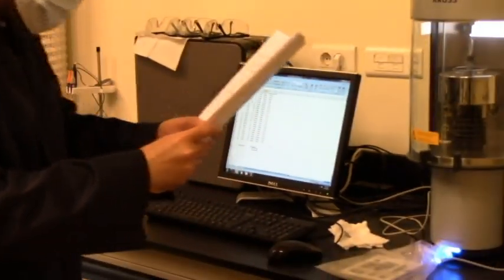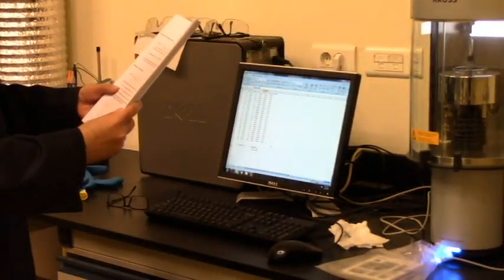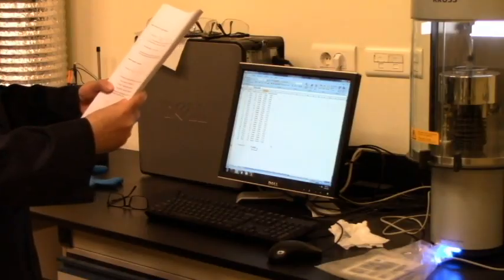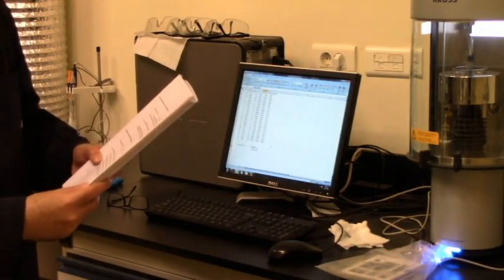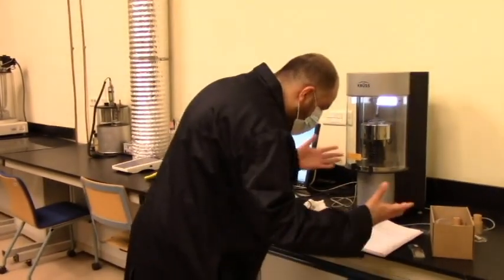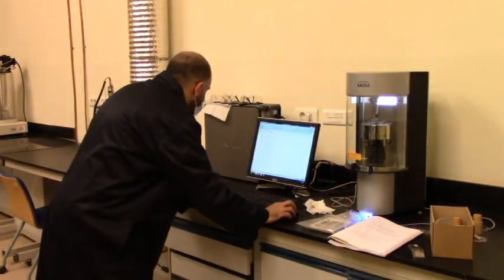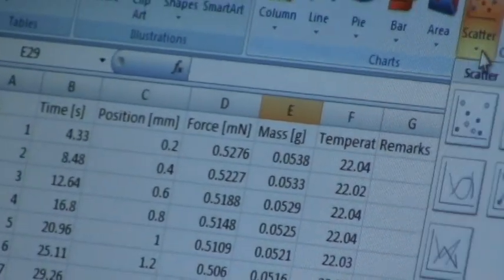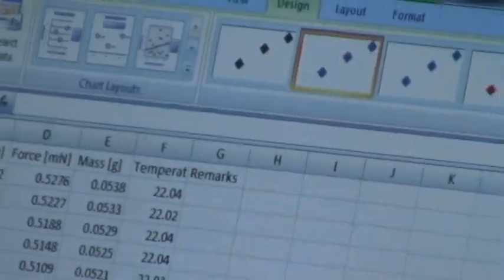Then, as per the lab manual, I'll plot force against position and find the linear interpolation, or actually the trend line. So this is the position, and this is the force. I go to insert, scatter, and pick this one, for example.